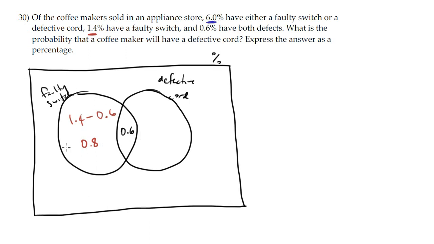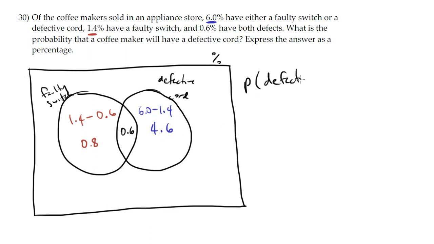So if this is 1.4, we'll see 0.8 plus 0.6. If this is 1.4, 6.0 minus that 1.4 is going to give me 4.6.